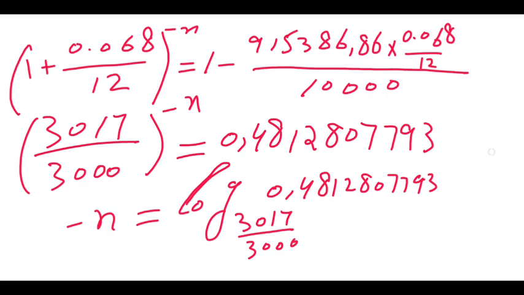So I use my calculator. My answer will be negative n is equal to negative 129.4190323. So this is my answer. I use the calculator and I solve for log.